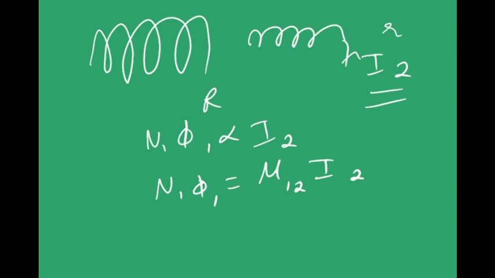And let's solve this. N1 phi 1 is what? N1 is the total number of turns in the first solenoid, that is small n1 into length. Say both the solenoids have the same length, and here for phi 1 what will you do? Phi 1 is the magnetic flux in the first coil, and magnetic field lines are given due to the second coil, because current is here. Observe this.